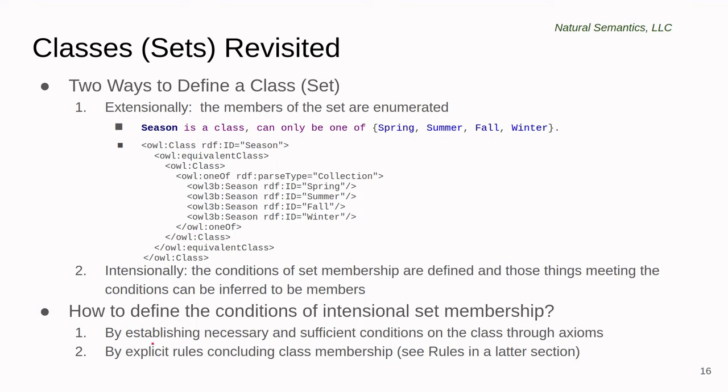One approach is establishing necessary and sufficient conditions on the class through axioms. A second way is with an explicit if-then rule that concludes class membership based on a set of conditions, and we'll talk about that later. So there are two ways of defining the conditions of intentional set membership: by necessary and sufficient conditions and by explicit rules.